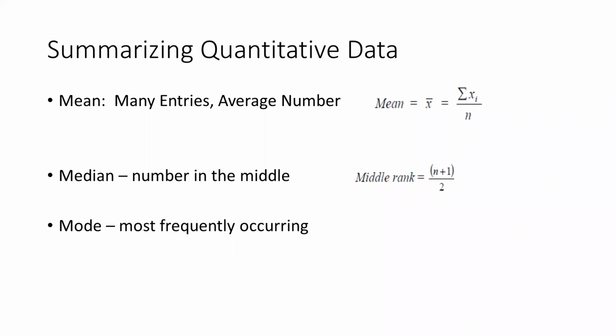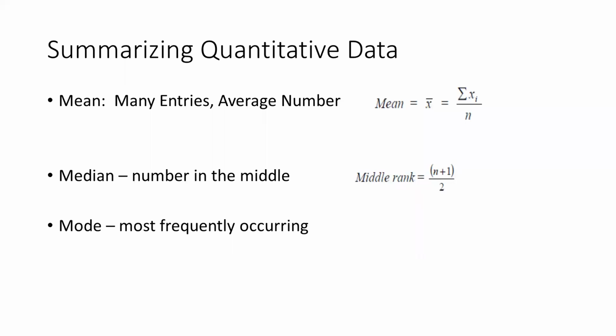This thing that looks like an E, but it's not exactly an E, is the summation sign. Whenever you see this, it means you're adding up. X is the representation of the individual value.